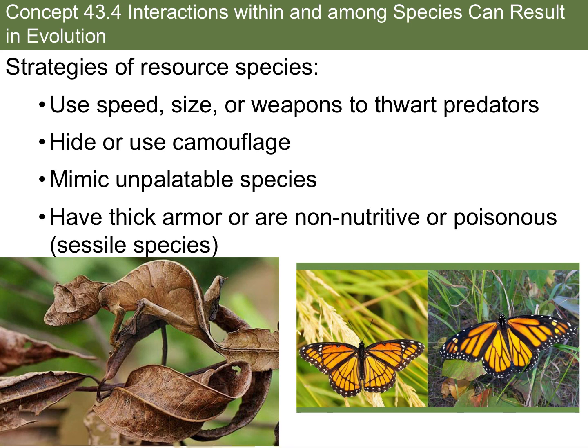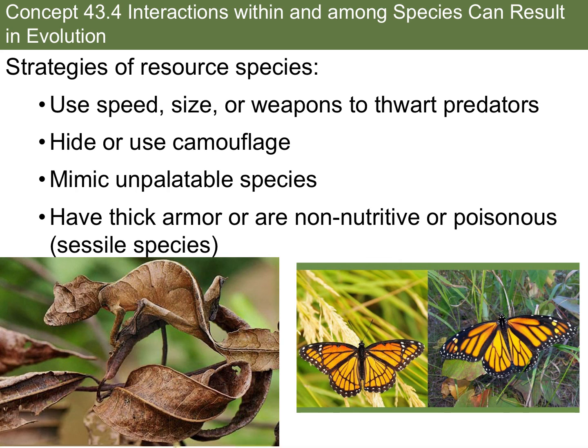And then sometimes the dangerous versions can look like other dangerous versions. And that's what's known as Mullerian mimicry. So when you think of the coloration of a bee and the coloration of a wasp, they're very, very similar. Sometimes they'll have thick armor or are non-nutritive or poisonous. And so they advertise these poisons with that aposematic coloration.